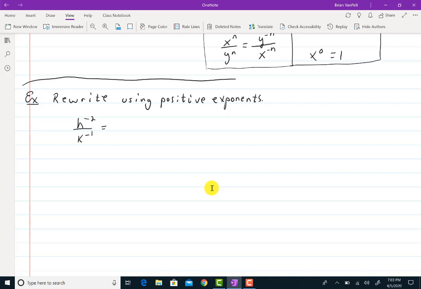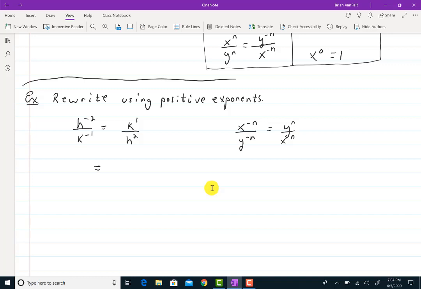Since they both have negative exponents, the rule I'm going to use is x to the negative n over y to the negative n is y to the positive n over x to the positive n. So according to that rule, I'm going to have k to the 1 over h squared. Notice the k is on top now and the h is in the bottom.